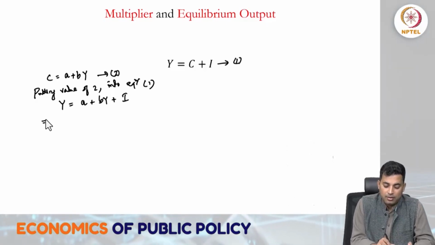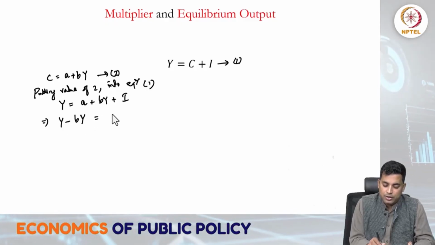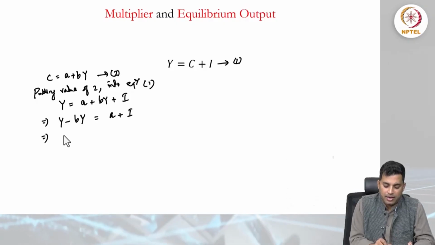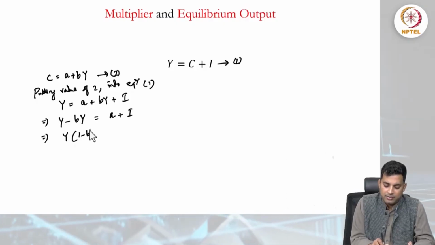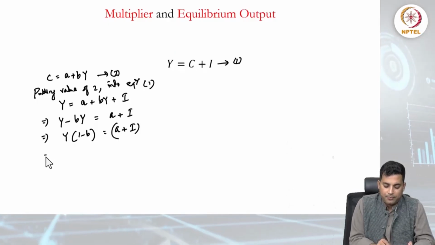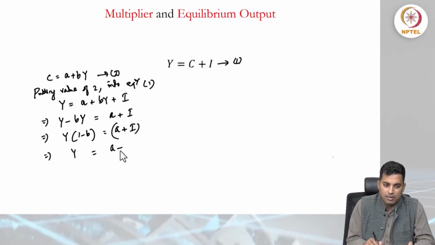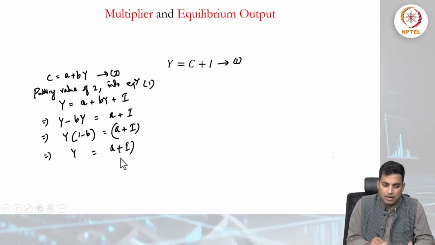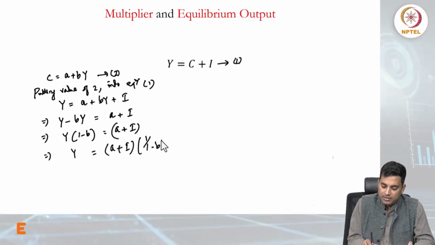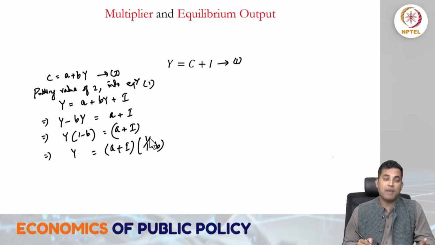Here we can rewrite it as Y minus bY equals A plus I. Then Y times (1 minus b) equals A plus I. So Y equals (A plus I) by (1 minus b).